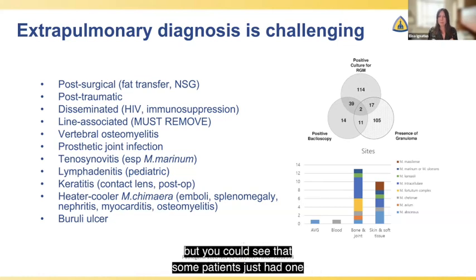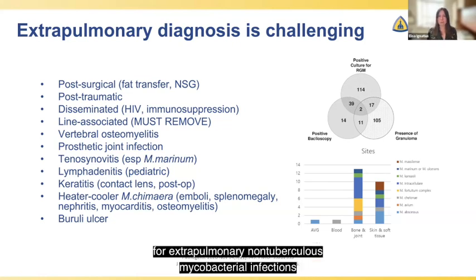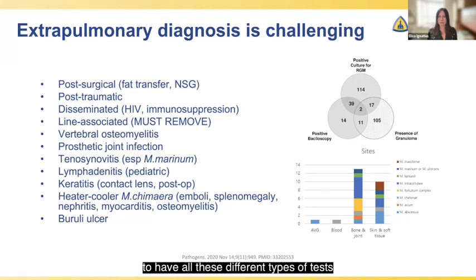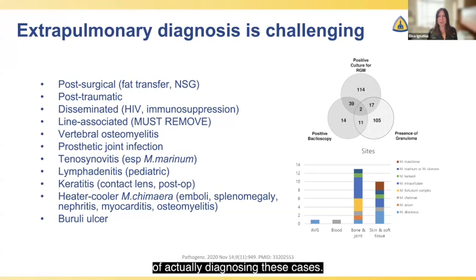But you can see that some patients just had 1 or 2, and only a few patients had all, which was really the minority. So this is to highlight that if the clinical suspicion for extrapulmonary non-tuberculous mycobacterial infection is moderate to high, you really need to have all these different types of tests done on the specimen at the site of disease in order to have the best chance of actually diagnosing these cases.